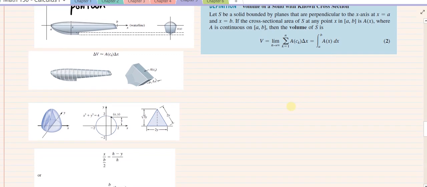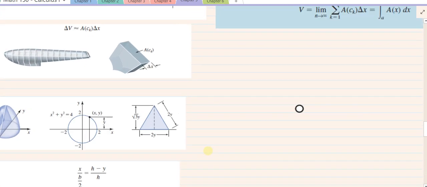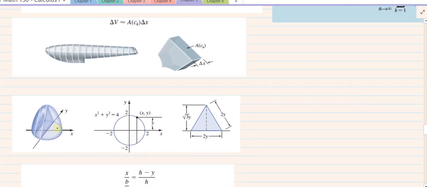And here you're looking at a solid where the base seems to be circles, and that's what it is. And then the cross sections that you construct the solid with seem to be not equilateral, they're isosceles triangles, because here they have two equal sides.